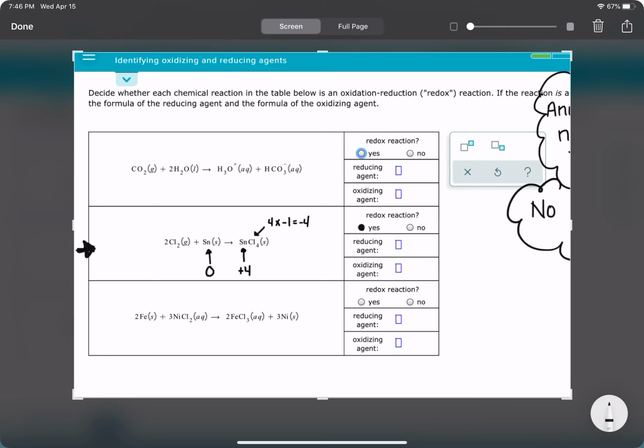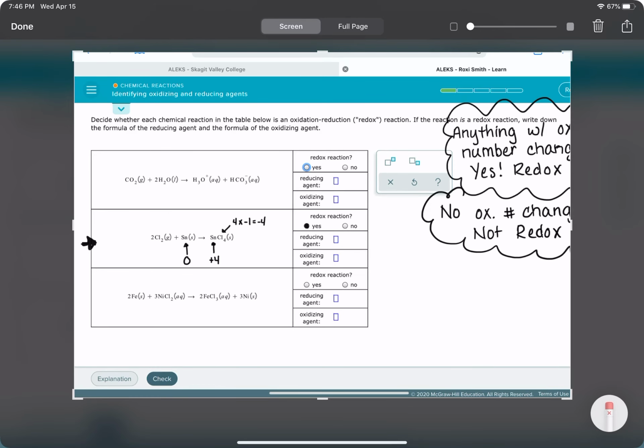So then the next thing that I need to figure out is what is the reducing agent, what is the oxidizing agent? So let's do a refresher on what that actually means too. What does it mean to be a reducing agent? What does it mean to be an oxidizing agent? The reducing agent is the thing that gets oxidized.